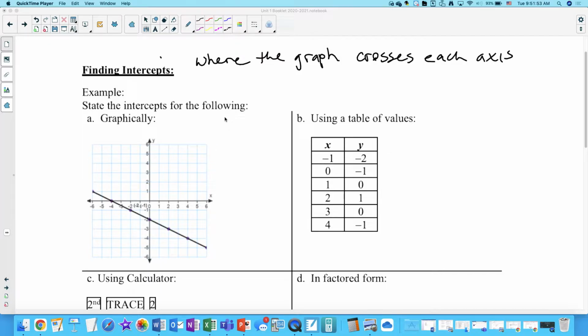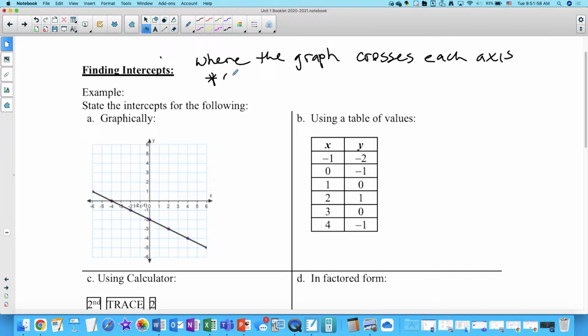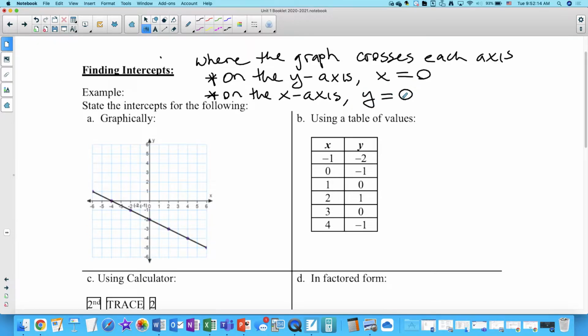One thing that's important to remember, though, is that on the y-axis, x is 0. And on the x-axis, y is 0. So if I said the y-intercept is 2, you actually know a point. It's 0, 2, because on the y-axis, x is 0.